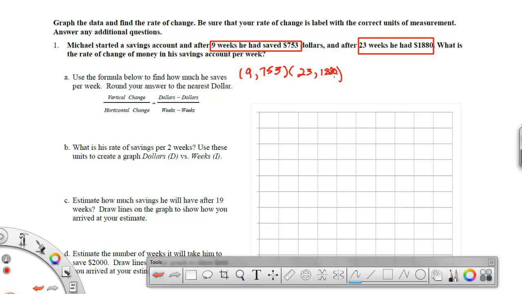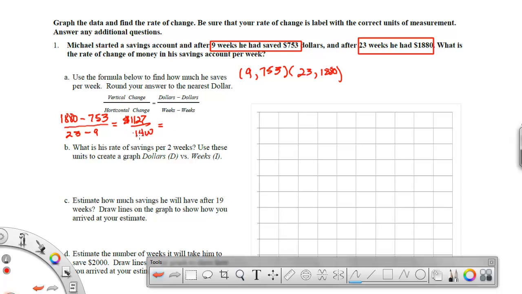So we know that the larger number goes first on top, so 1,880 minus 753 divided by 23 minus 9. So if we go ahead and put that in our calculator, 1,880 minus 753 is $1,127. And then we can do this in our head. 23 minus 9 is 14 weeks.